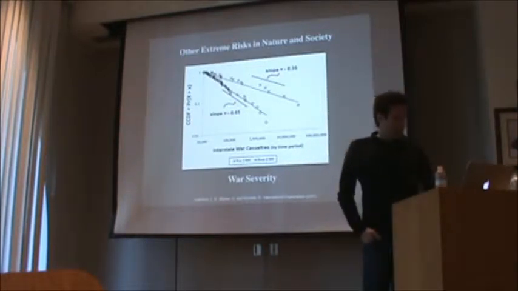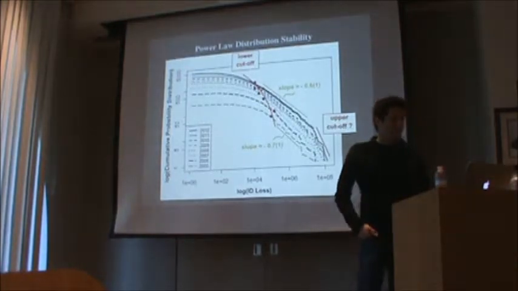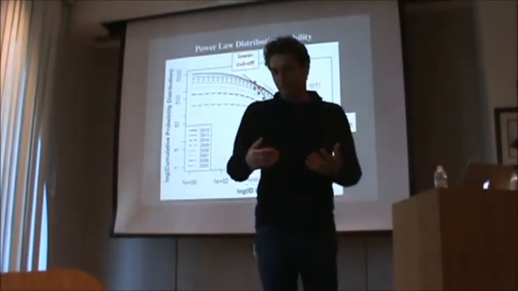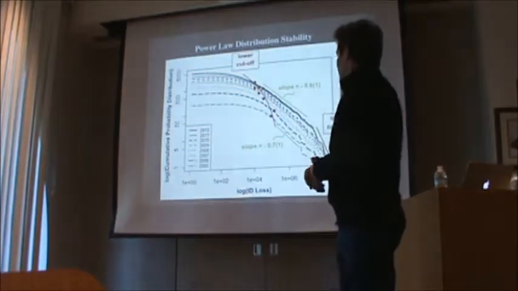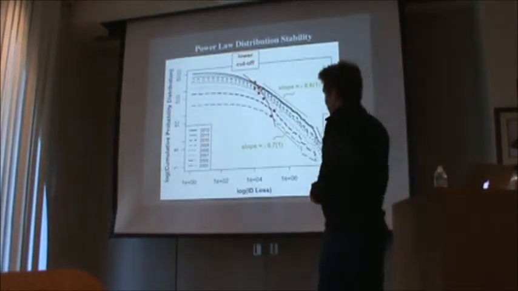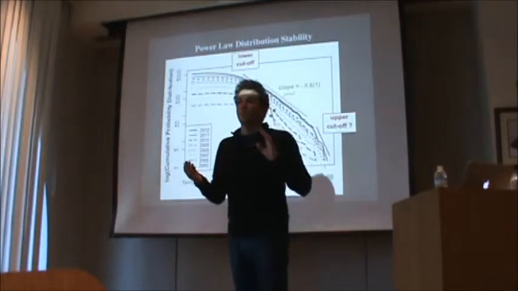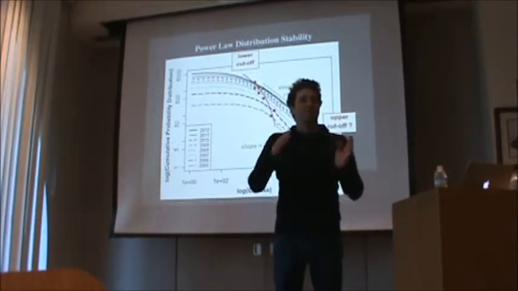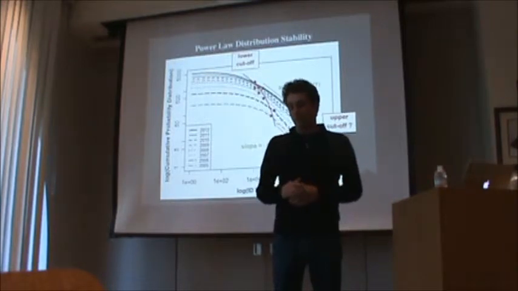But let's go back to the power law distribution, and we can learn more than just that it's a power law. First, we want to know whether this distribution is robust. Is it stable over time? Does it tend to change, or is it kind of the same?